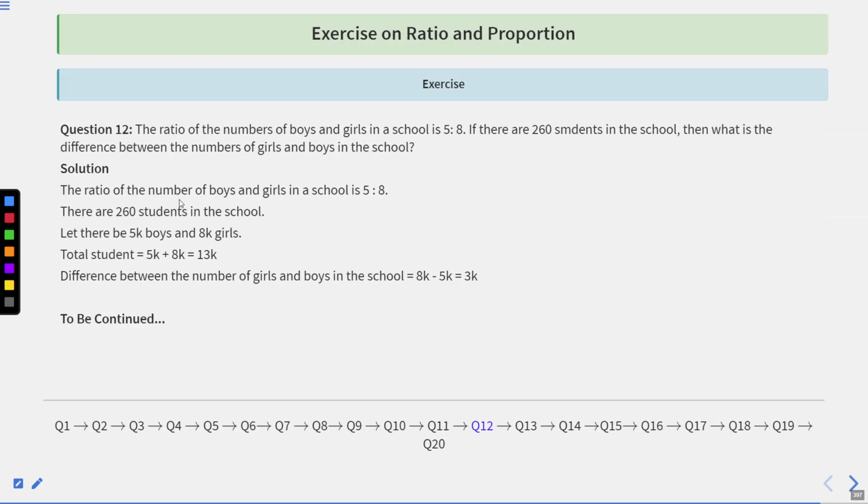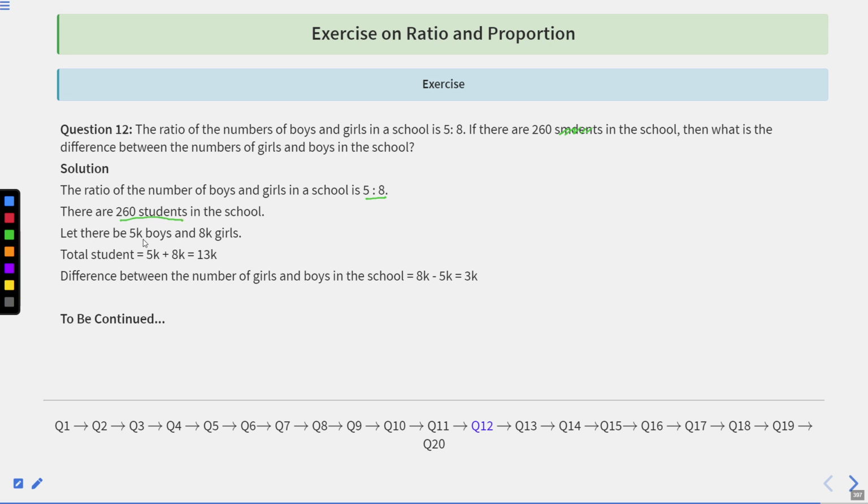So the ratio of the number of boys and girls in the school is 5:8. This information is already provided to us in the question. And there are a total of 260 students in the school.